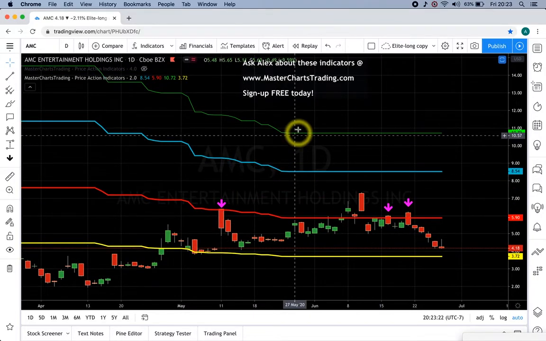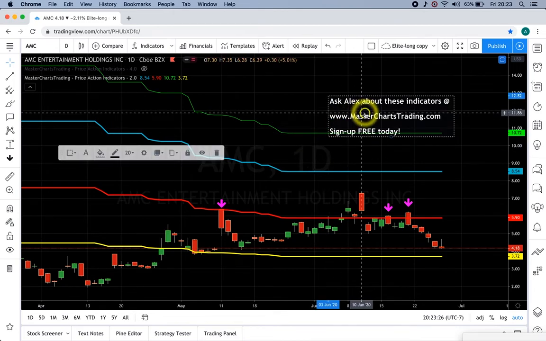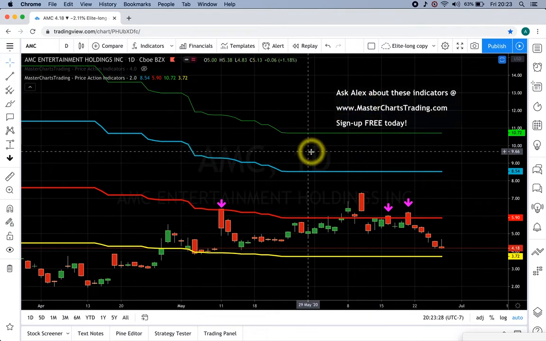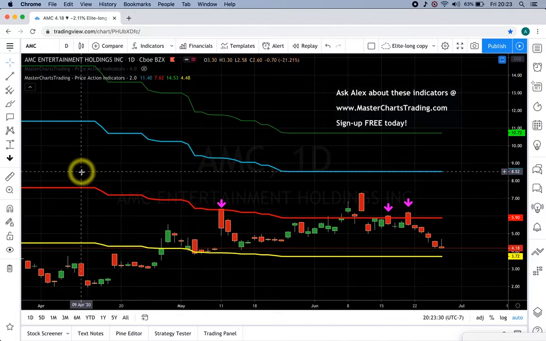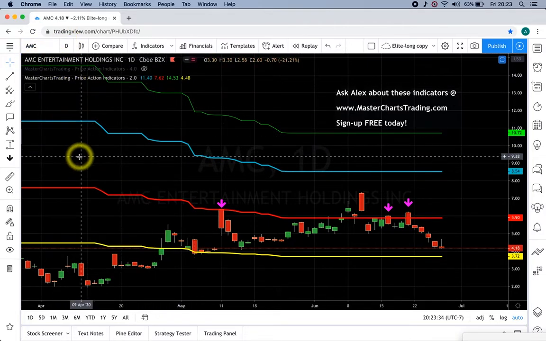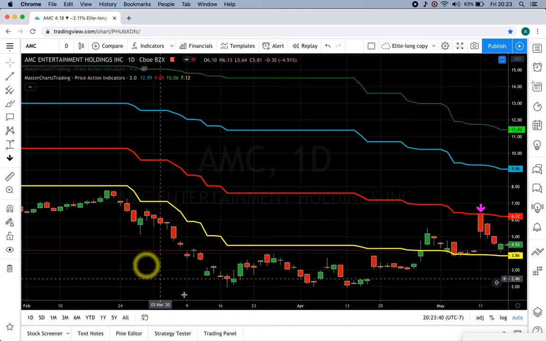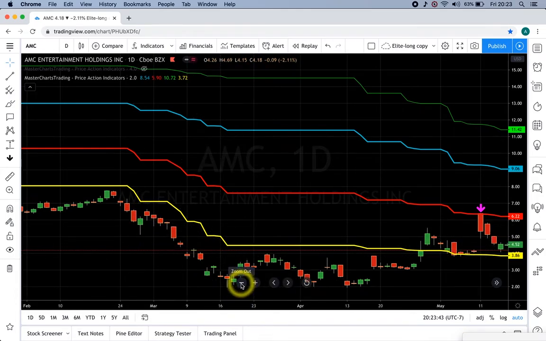Another interesting stock, one of my subscribers mentioned this to me. I don't really trade this, but it's AMC Entertainment. I think it's a movie theater chain. Of course, back in March, pretty much the entire stock market got hammered.